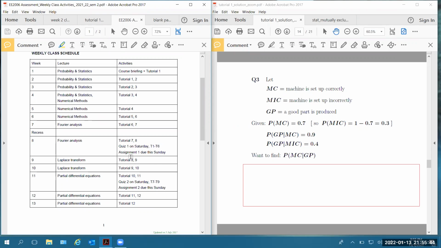To reinforce these 2 topics, we also do our assignment 1 by this Sunday. Assignment 1 is also on probability and statistics and also numerical methods. That's why we blend quiz and assignment together.